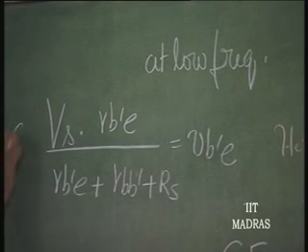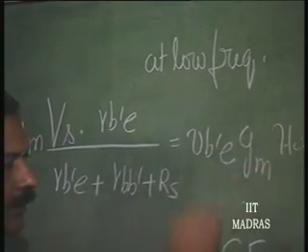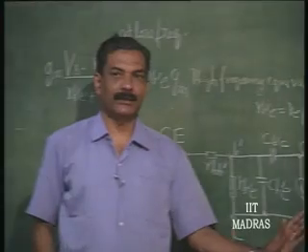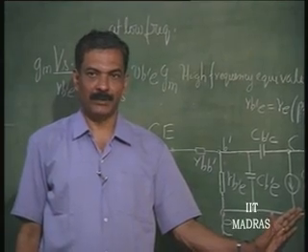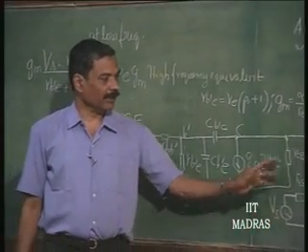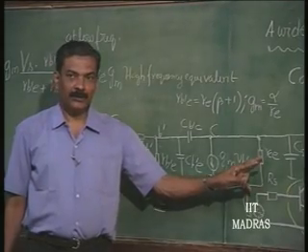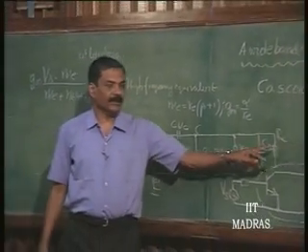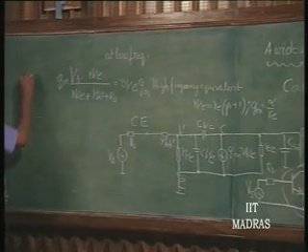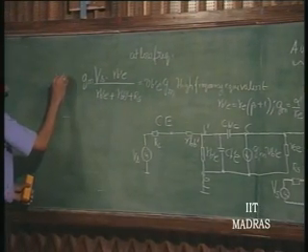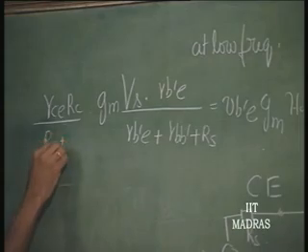This into GM is the current in this, GM into VB'E. That current will flow into the parallel combination of RCE and RC. So, this into RCE RC divided by RC plus RCE.